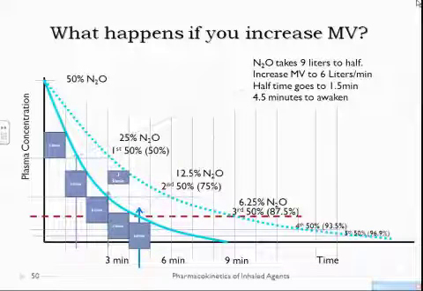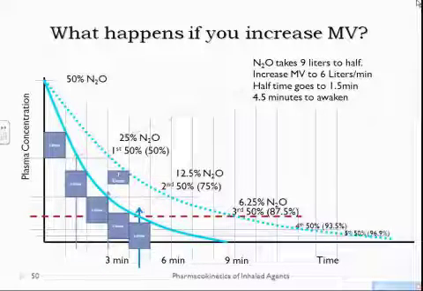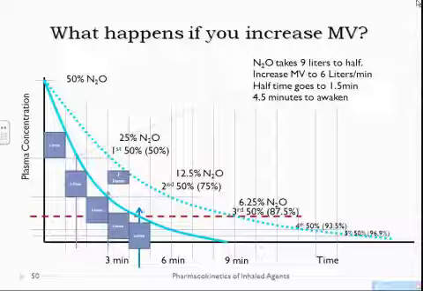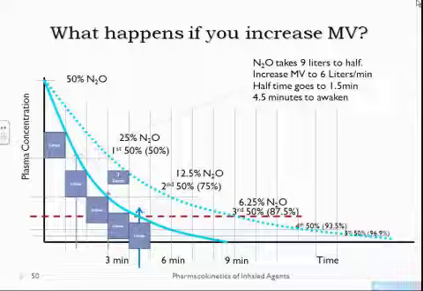Their minute ventilation now goes up to 6 liters per minute. Then, to get to 9 liters, it's only going to take me 1.5 minutes. So my half time goes from 3 minutes down to 1.5 minutes. So that person will be emerging in approximately 4.5 minutes to wake up.